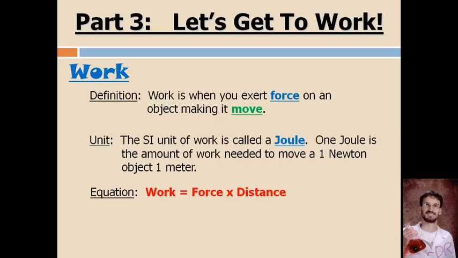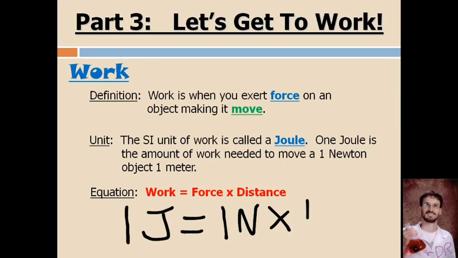It's just force times distance. So 1 joule is equal to using 1 Newton over a distance of 1 meter. A joule is essentially also called a Newton meter. A joule and a Newton meter are the same thing.